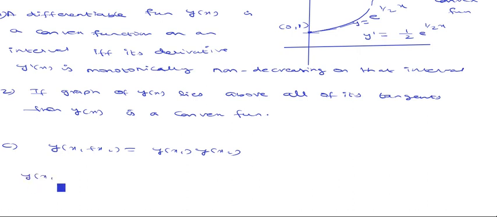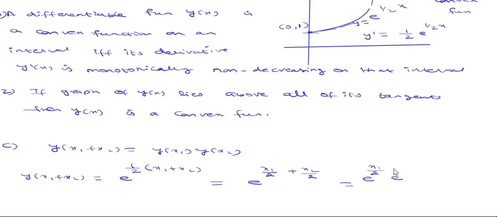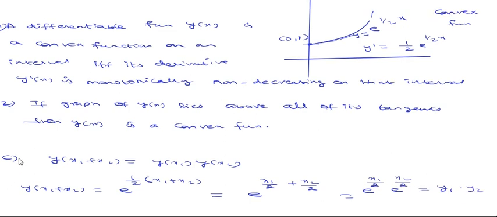Now y of x1 plus x2 is e power 1 by 2 times x1 plus x2, which can be written as e power x1 by 2 plus x2 by 2, which can be written as e power x1 by 2 into e power x2 by 2. So this is our y1 and this is our y2. Therefore option C is correct.